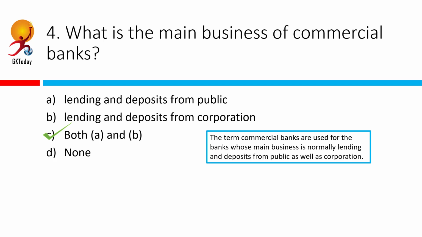This term is differentiated from investment banks whose main function is investment in capital market. In India, commercial banks are of two types, that is scheduled commercial banks and non-scheduled commercial banks. And as we learned, scheduled are those which are included in the second schedule of the RBI Act of 1934.